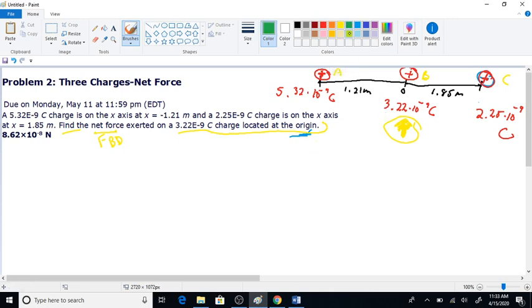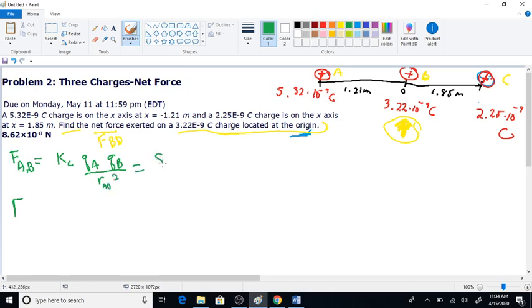So if we care about B, we need 2 forces. We need the force of A on B, and we need the other force. Let's just do the force of A on B first. The force of A on B is Coulomb's law, k_C Q_A Q_B over the distance A to B squared.